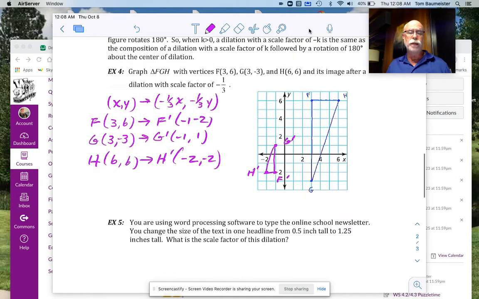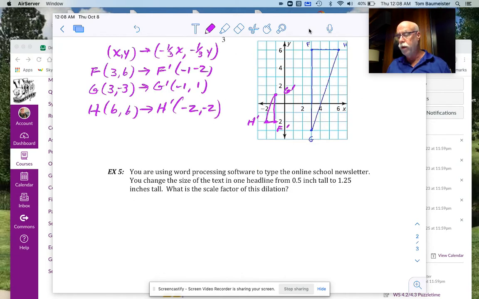All right, and then the last one's a word problem because you'll see a word problem every once in a while. So you're using word processing software to type the online school newsletter. You change the size of the text in one headline from 5/10 of an inch tall to 1.25 inches tall. What is the scale factor of this dilation?